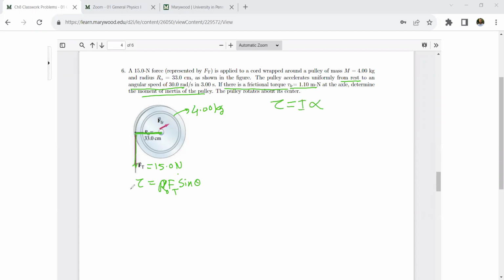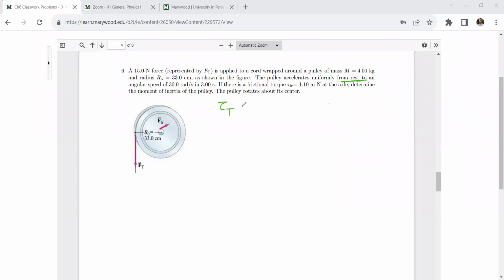So tau is this value from this equation, and then alpha we can determine from this information. So from these two definitions of tau we can determine I. So first let's determine tau for this Ft.